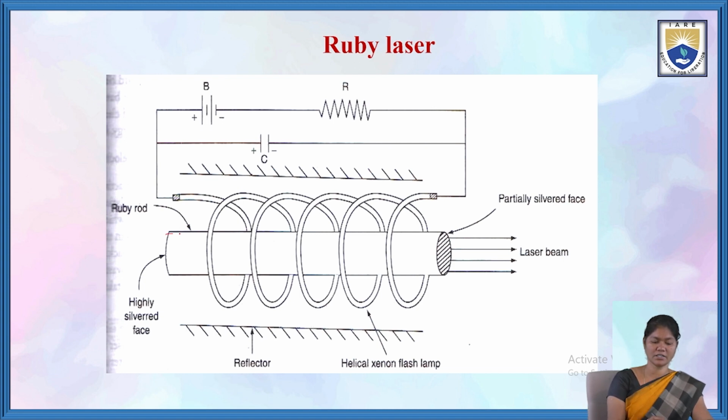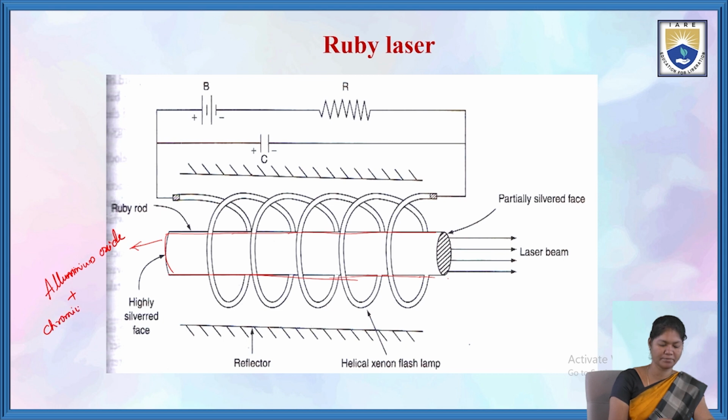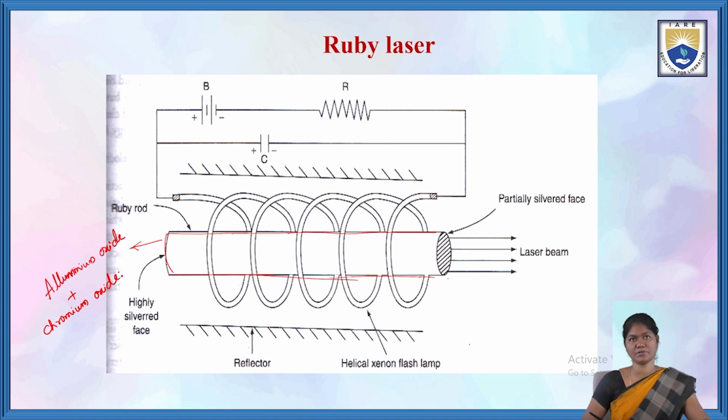This is the ruby crystal rod, and it is made with aluminum oxide plus chromium oxide. 0.05% of chromium is doped with the aluminum oxide.